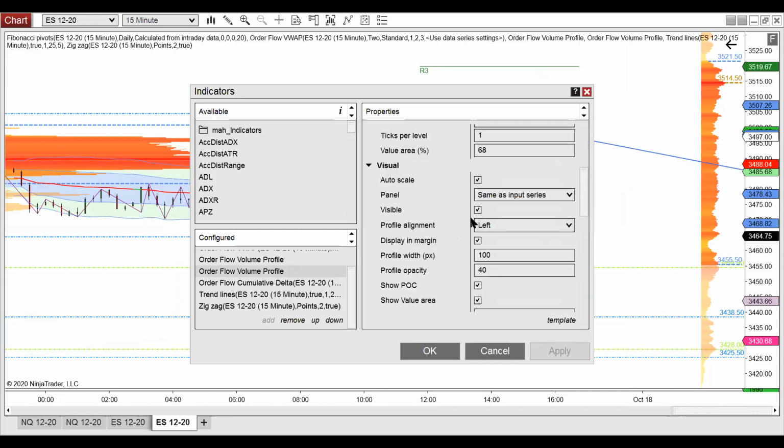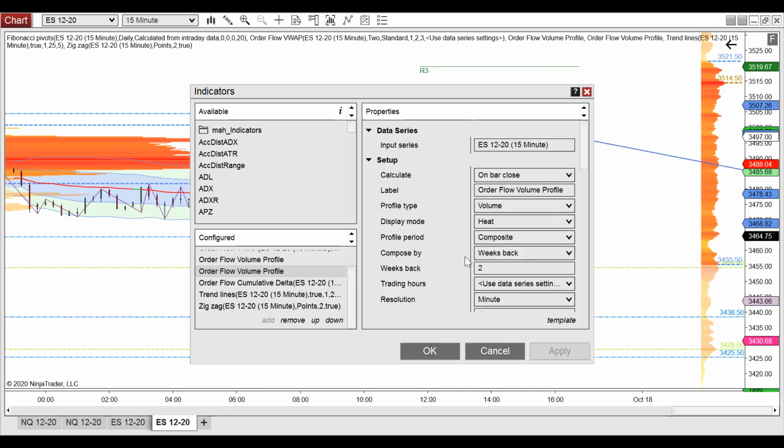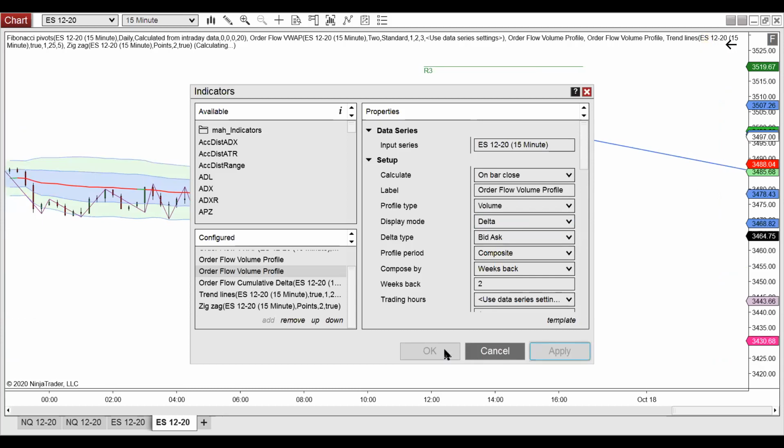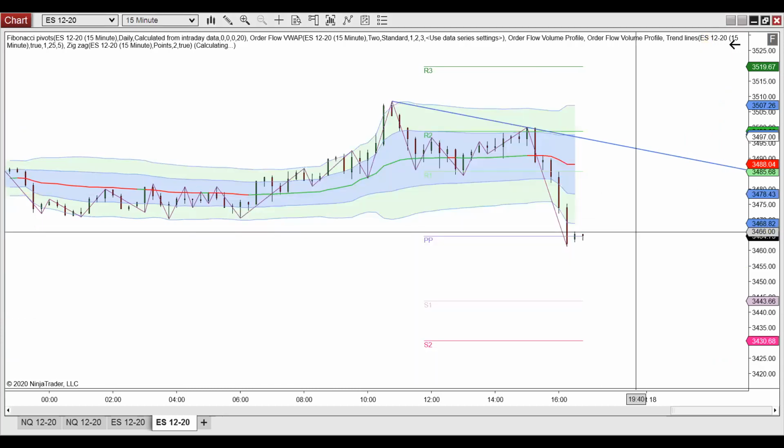You can see display margin, and it'll be on the right side. Okay, so that's how you would do that. You can also make changes on here and change it to whatever you want, as far as either the delta. That could change as well.